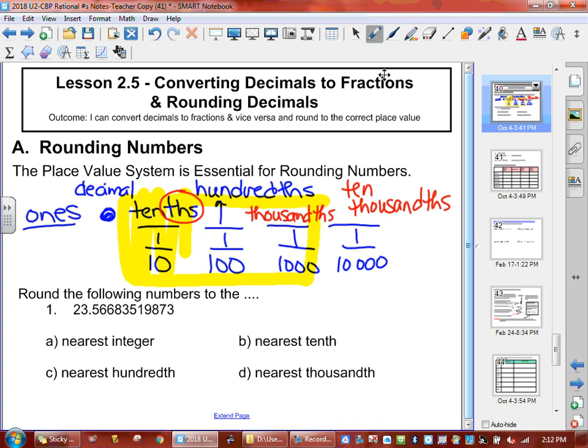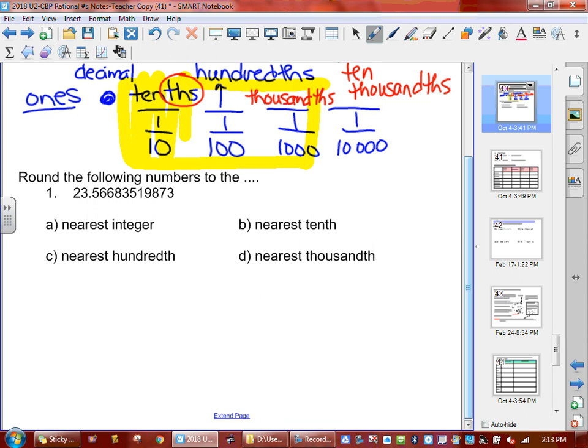Now, when we round, if it says round to one of those places, the rule is this. You look at the place after it on the right, and you see if that number is 5 or bigger. If it's 5 or bigger, you're going to add 1. If it's 4 or smaller, you're just going to cut the decimal off and not use it at all.